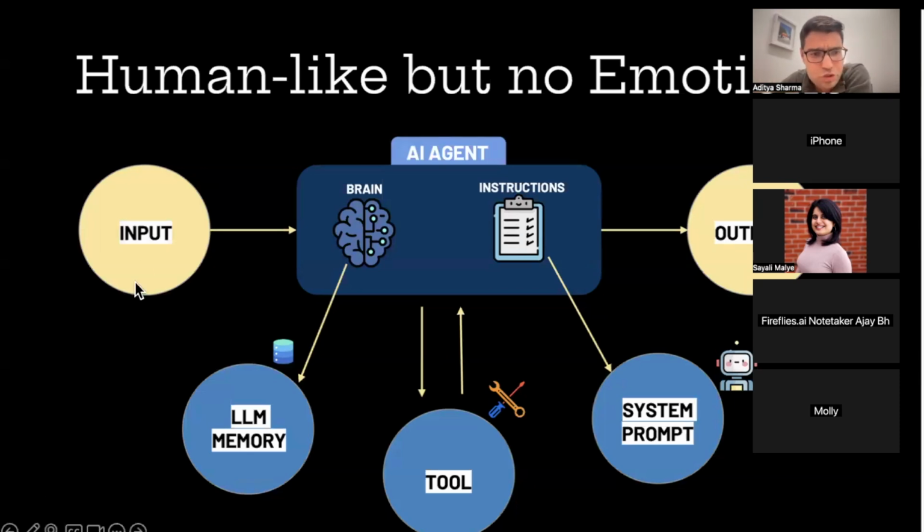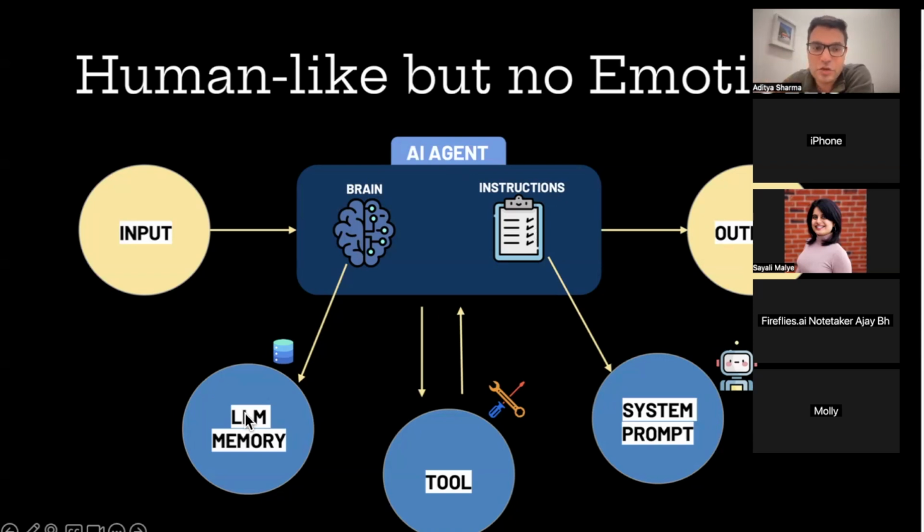Whenever you give an input to this agent, an input can be, these are 50 resumes, evaluate them and tell me the top five resumes according to my instructions. All those resumes will be the input, and the instruction, such as evaluate these resumes on these four criteria, will be the instruction. Now this agent needs to remember.